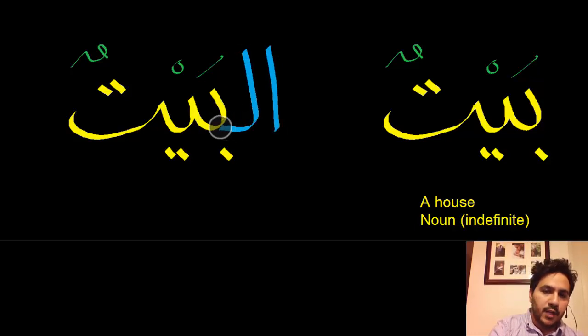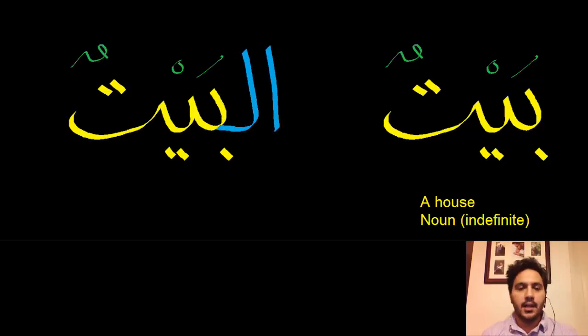So, alif lam of al-Ta'rif are added, al-bay, and then we have to ask ourselves, is the first letter of our word a sun letter or a moon letter? If you don't know that already, make sure you revise the sun letters and the moon letters, and then you'll know how to apply this in this lesson.